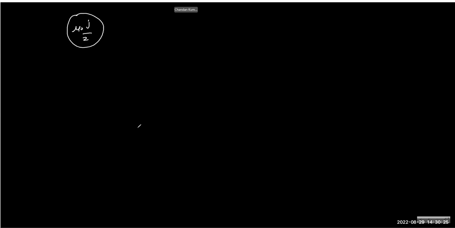So what next? I think we are done with the first part of magnetism. Let's start the next part. So we're done with the first part. First part means the development of magnetic field due to the current carrying wires or the moving charge, like how the magnetism is developed.